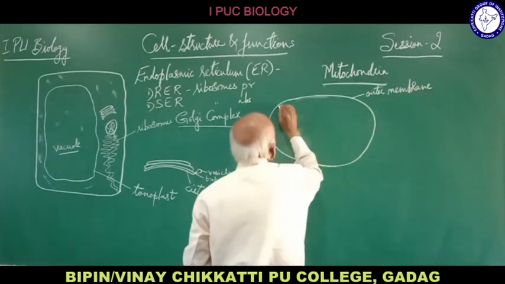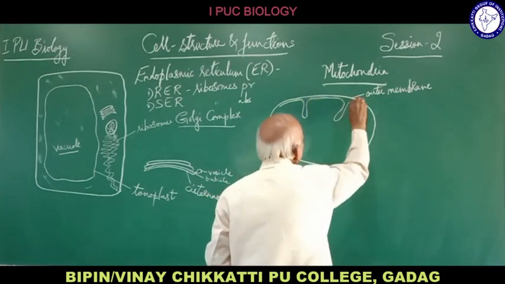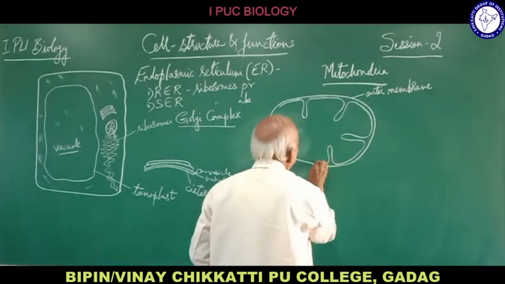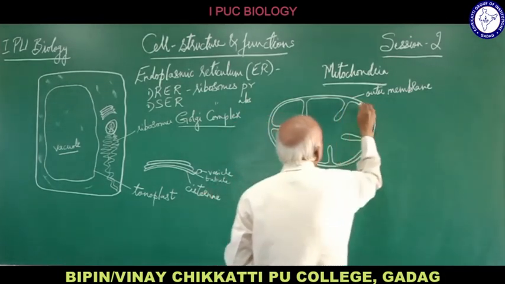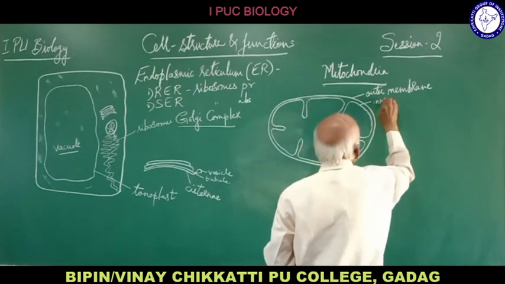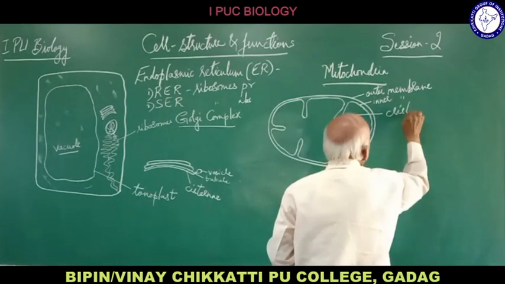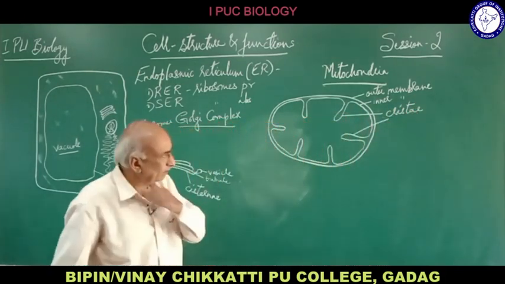Now the inner membrane has many folds like this. These folds are projecting into the cavity of the mitochondria, and this is the inner membrane, and these folds are called cristae. Cristae is plural, crista single.